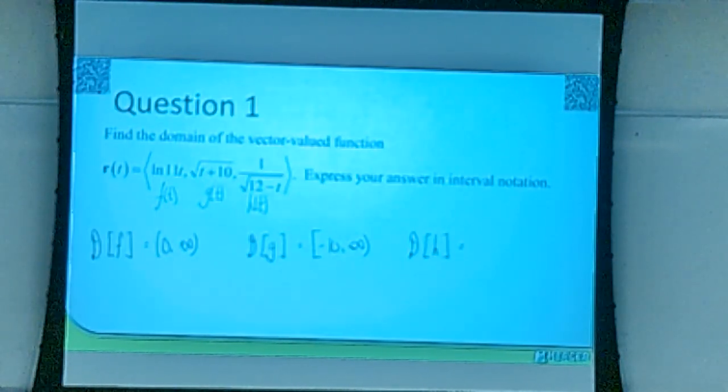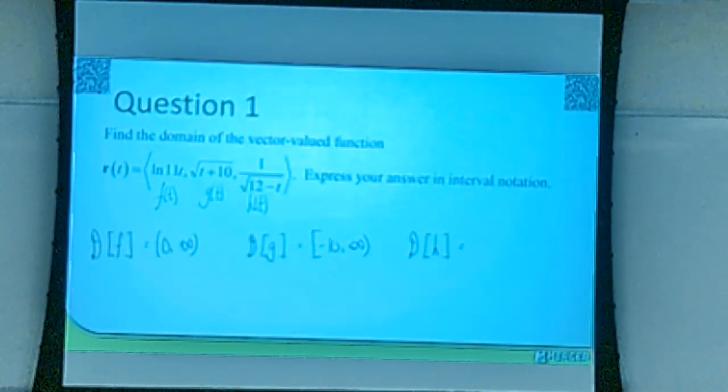What's the domain of h? At 12, what's 12 minus 12? 0.